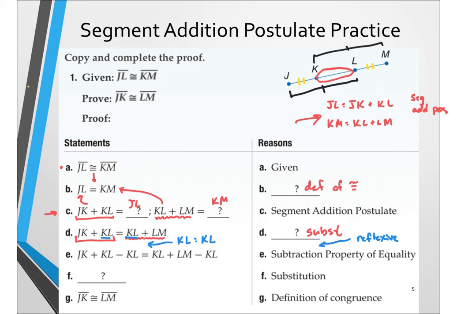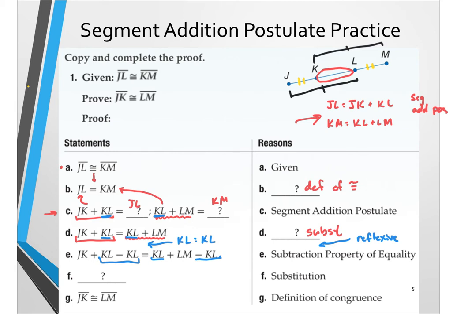KL is in 2 separate equations. We are trying to subtract it. The only way you can subtract something is if they are equal. Because KL is in two separate equations, we have to state that KL is equal to itself. That way, we are allowed to subtract it the way we want to in this next step, because you can only subtract the same thing from both sides of the equation.